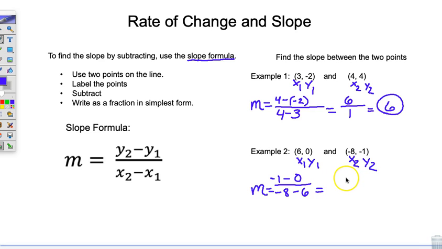From there, I'm going to go ahead and do my subtraction. -1 subtract 0 is still -1. -8 subtract 6 is a -14. A negative divided by a negative is always a positive, so that just becomes 1/14, and we're done.